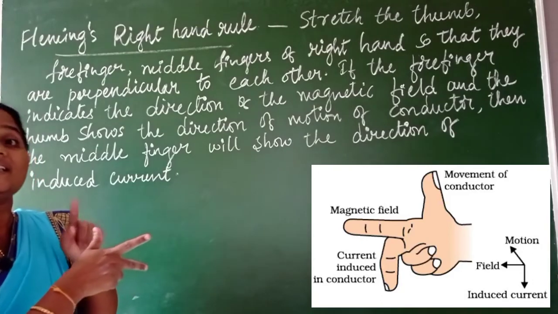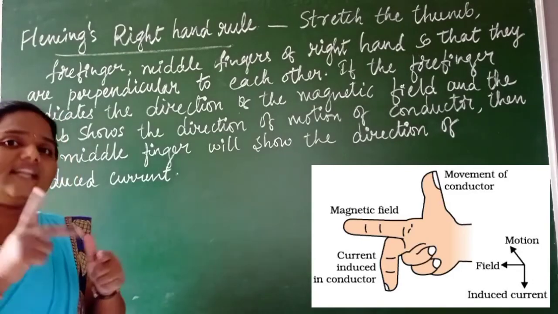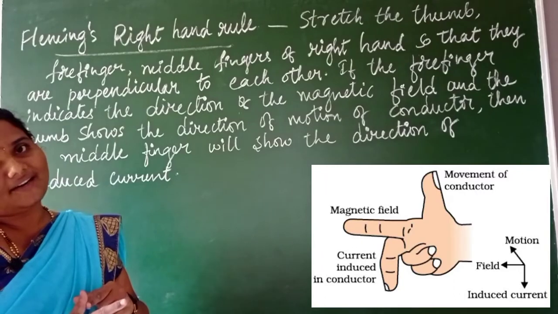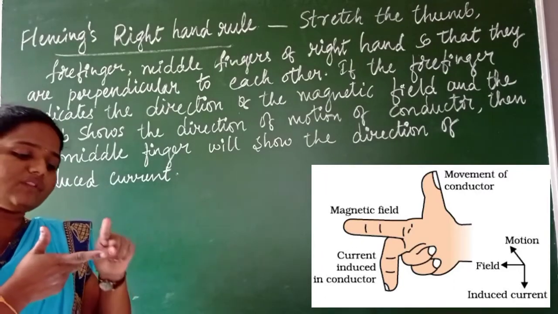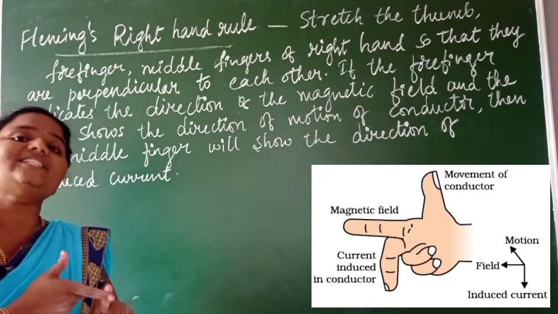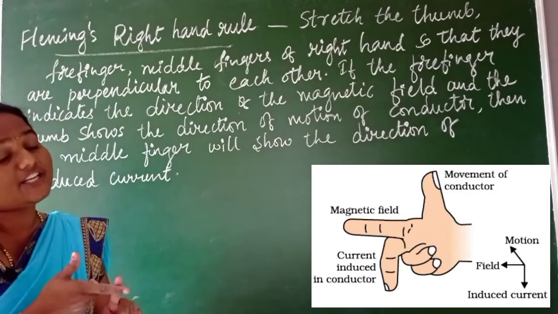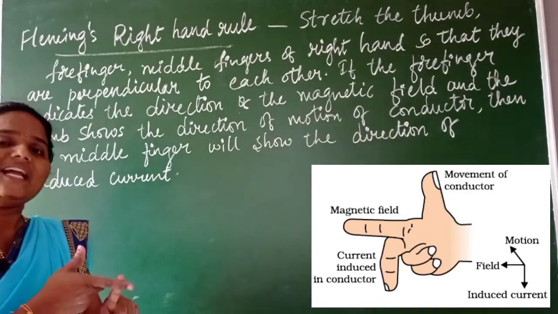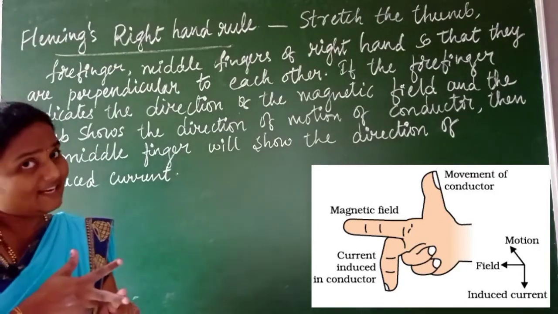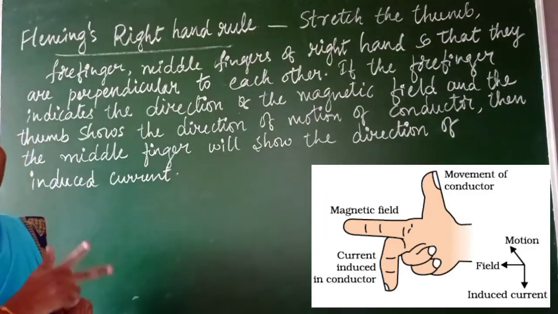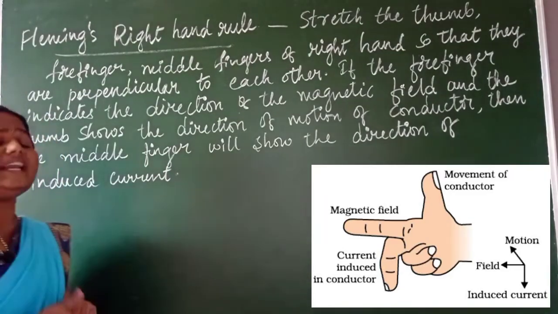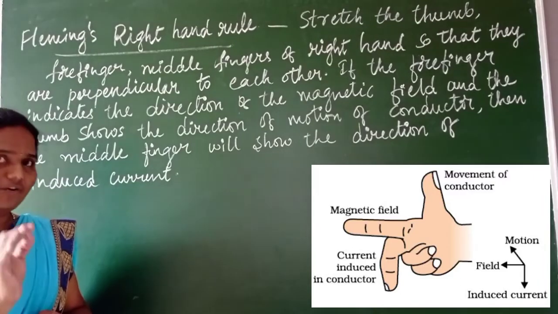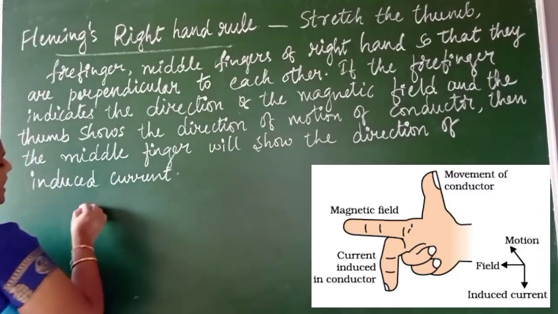The forefinger or index finger gives the direction of the magnetic field, and the middle finger gives the direction of the induced current. Got it, children? Okay, better I will write here.